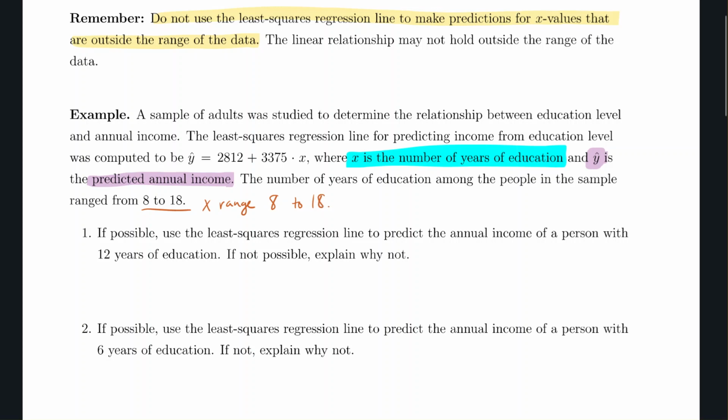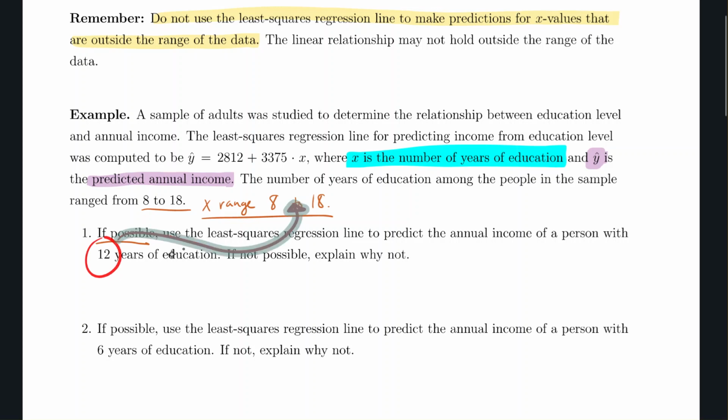If possible, use the least squares regression line to predict the annual income of a person with 12 years of education. When they say if possible, the question is: are we within the range of data values? Well, 12 is within 8 to 18, so it is possible to use the least squares regression line to make a prediction about this value.